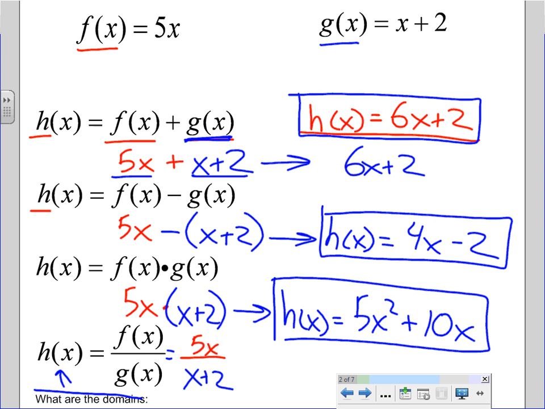But here, what number can't we have in the bottom? Well, here, we cannot have x equal -2, because if we plug -2 in, then we're going to get 0. So I'm going to say x does not equal -2. Any other real number will work. Okay, so we'll see that more when we get to graphing. But when you have division problems, remember, there are domain restrictions.